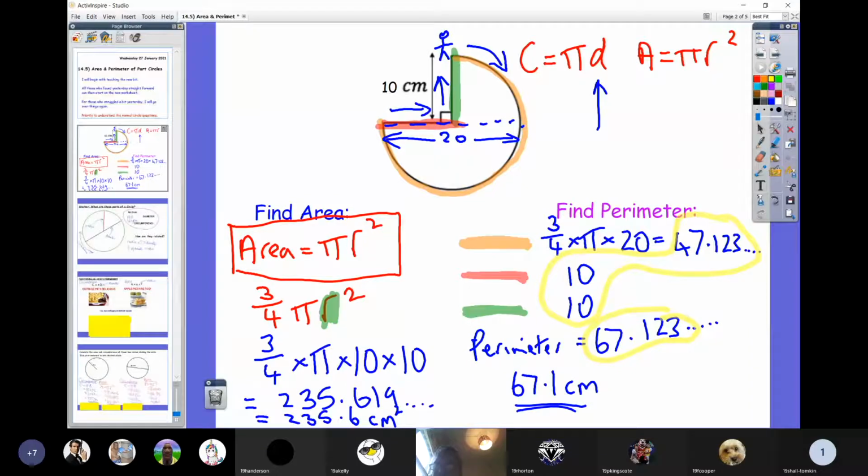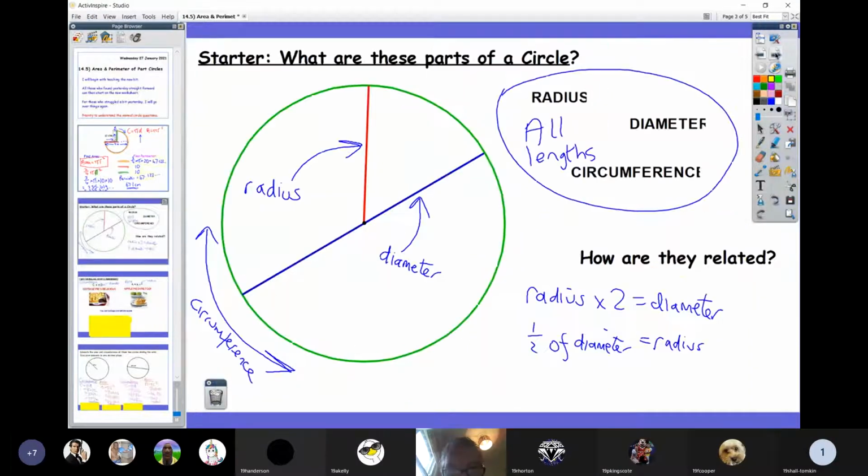So you've really got to get to grips with what all the words are. Now the radius, R, is the length from the outside of the circle to the middle. That is the radius. And we use the radius for the area formula, which we'll come on to in a minute.